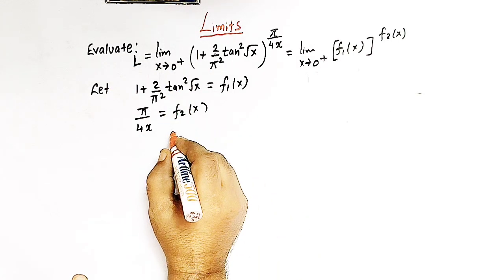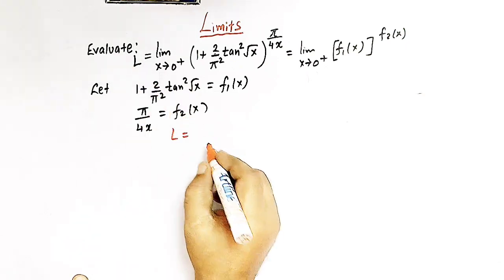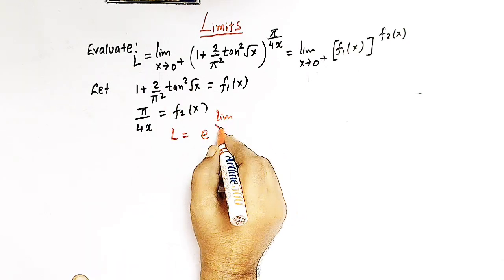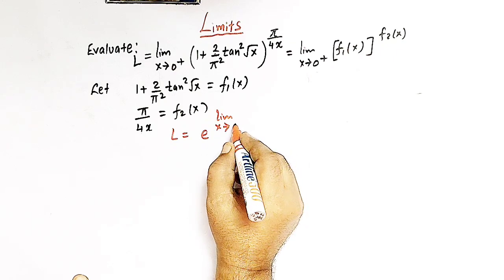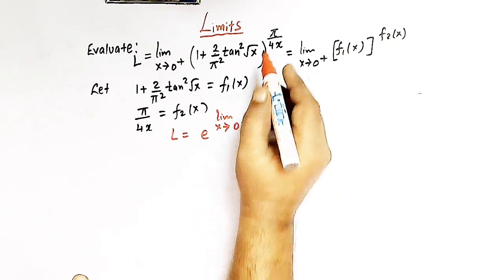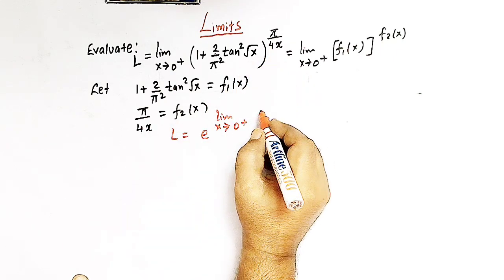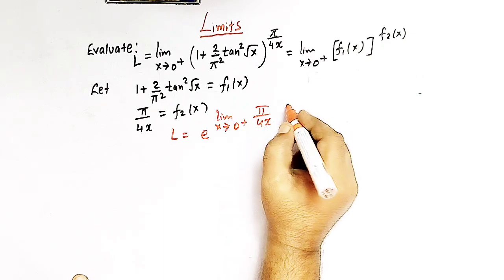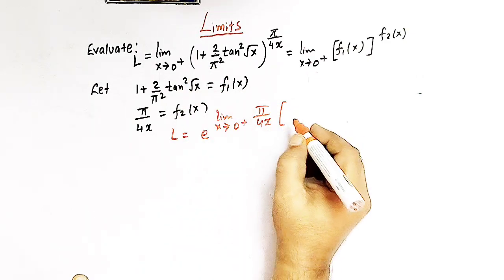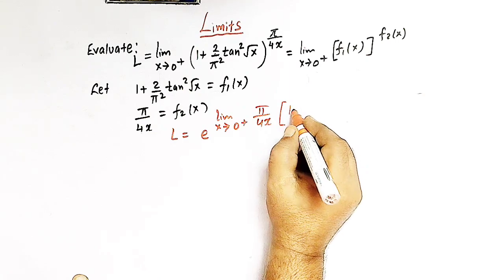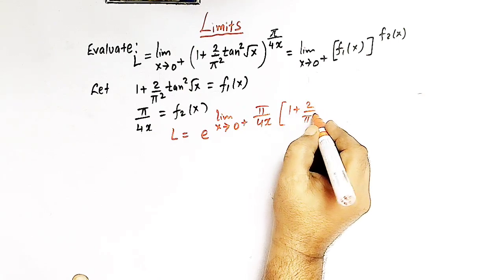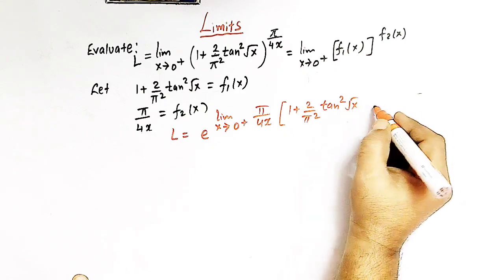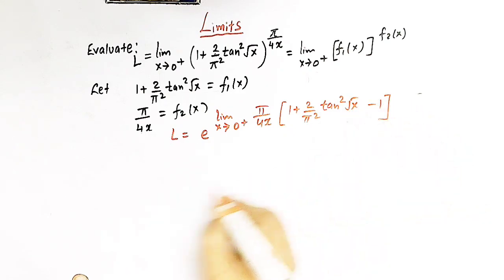So now the value of this limit L can be written as e raised to a limit, and here we have x tends to 0, and here f2(x) is pi over 4x, and then we have f1(x) is 1 plus 2 over pi square tan square root of x, minus 1, right?